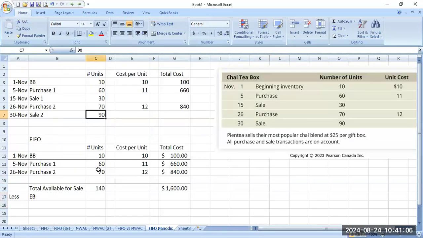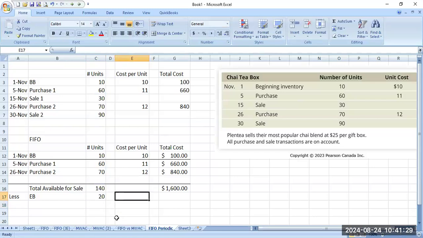We have sales of 120 units. So our ending balance will be available 140 minus our sales of 30 and minus our sales of 90. So our ending balance is 20 units.